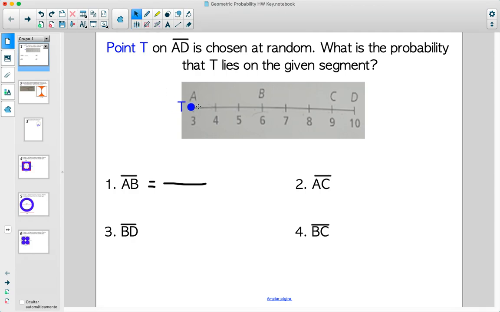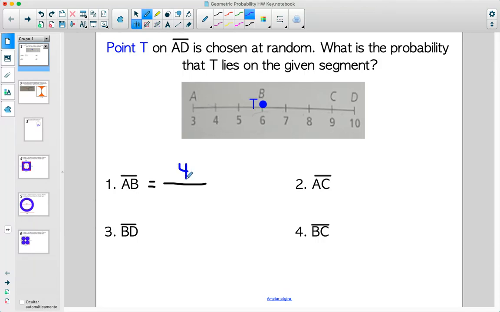So AB is 1, 2, 3, 4. There are 4 spaces where T can land on segment AB. So the length of this segment is 4, so we're going to write 4.